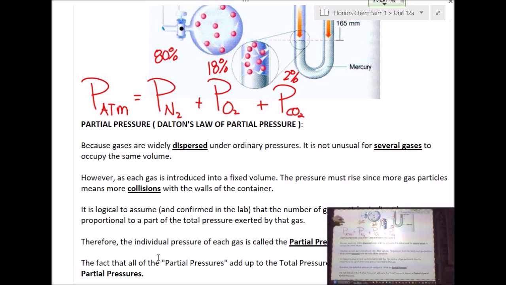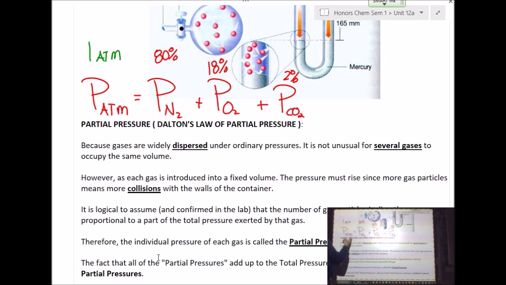If I have 1 atmosphere of pressure as my total pressure, we talked yesterday that if you have the same number of particles at the same temperature and pressure, they would occupy the same volume. Pressures are equal if you have the same number of particles for any gas.